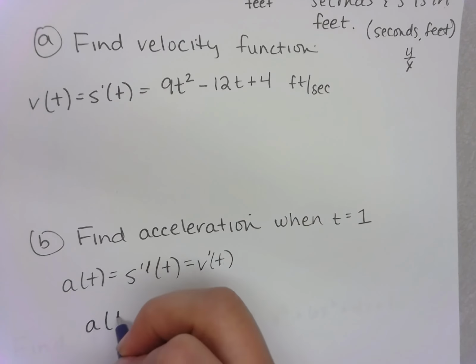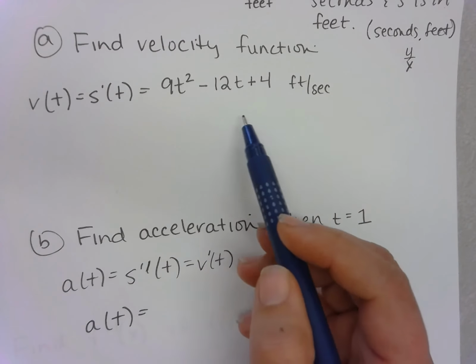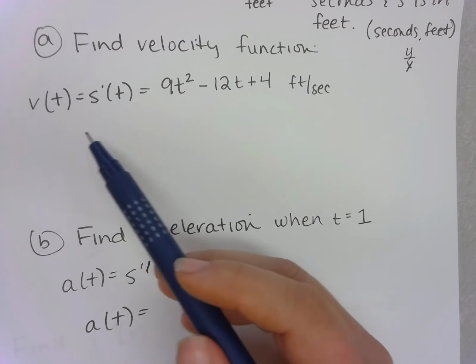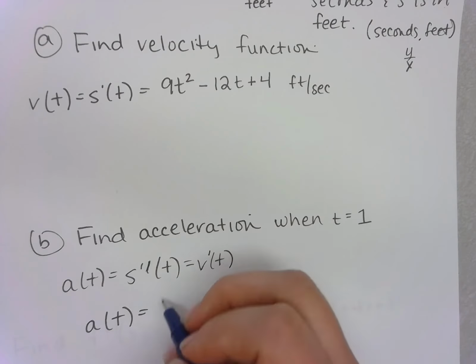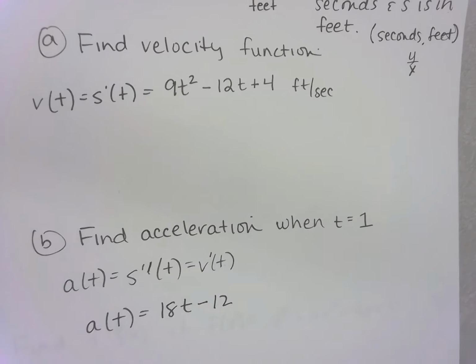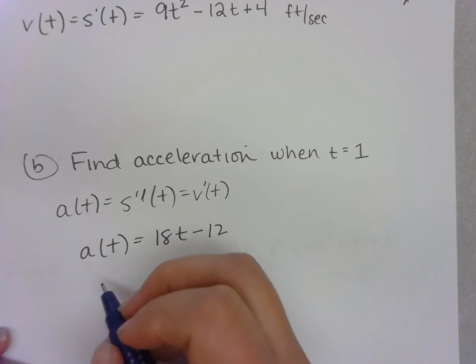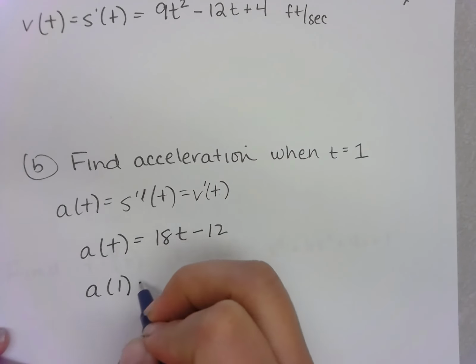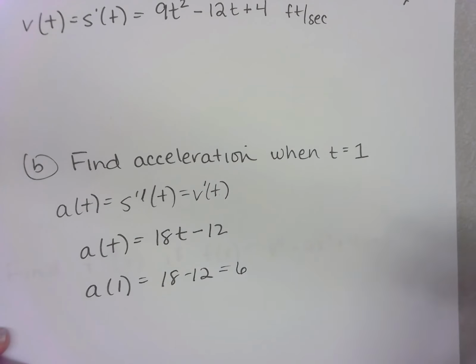So a of t, or v prime, or s double prime is, so I'm just taking the derivative. To find the next derivative, I take the derivative of the previous derivative. 9 times 2 is 18t, and then minus 12. So that's my a of t. If I want the acceleration when t is 1, then I have a of 1, which is 18 minus 12, so I get 6.